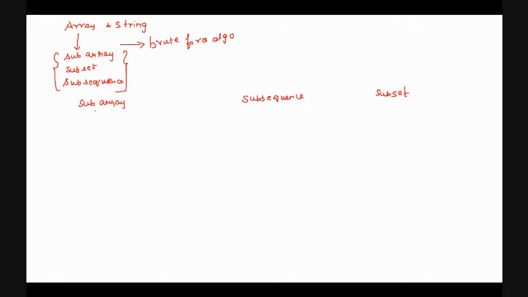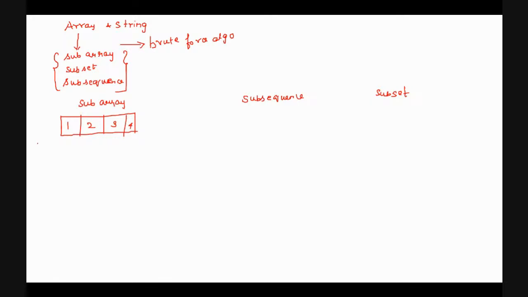A subarray is a contiguous part of an array, which means all the elements in the subarray are consecutive elements from the original array, and the order of the elements is also maintained. If I explain with an example, you will understand better. Let me consider 1, 2, 3, 4. I need to form subarrays out of this main array.